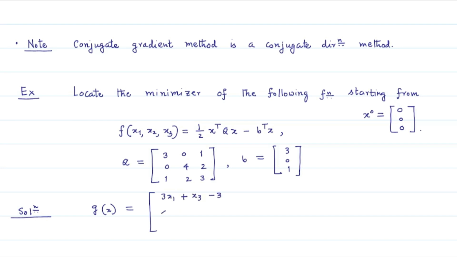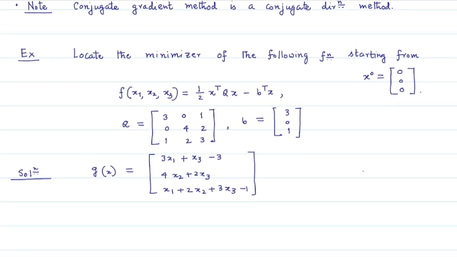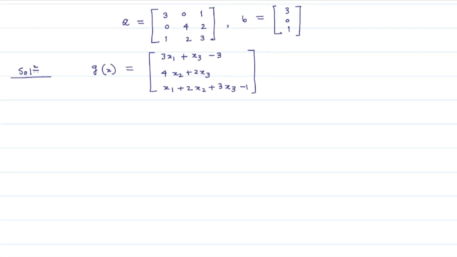You notice that the expression of g(x) is given by this expression. Please verify it. And with the help of this gradient, now let us compute the first iteration, that is, the iteration for k equal to 0.